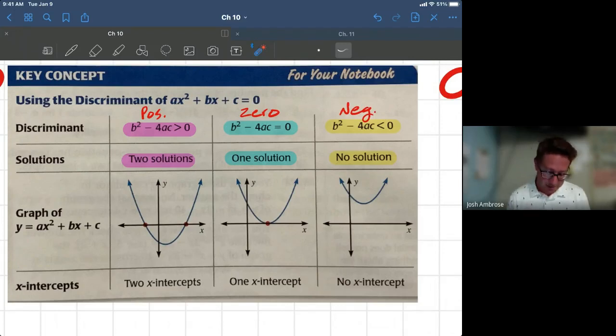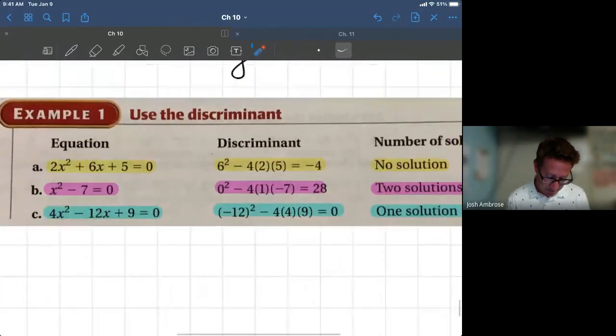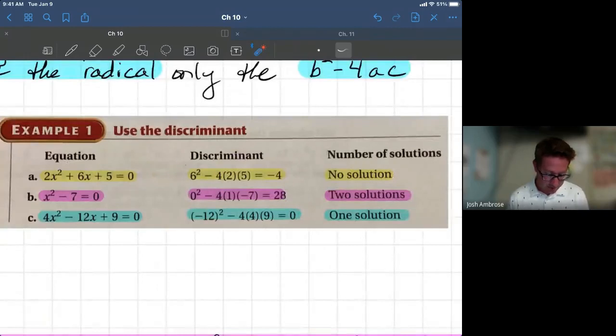Okay, so let's take a look at just a few examples easily worked out for you. This is the trinomial given. This is them setting it up in the discriminant. B squared minus 4. There's a, there's c. They work it out, they get a negative answer, meaning no solution.